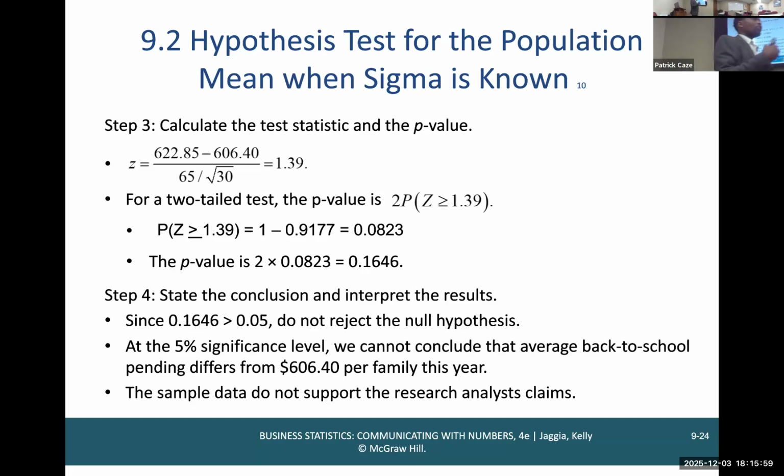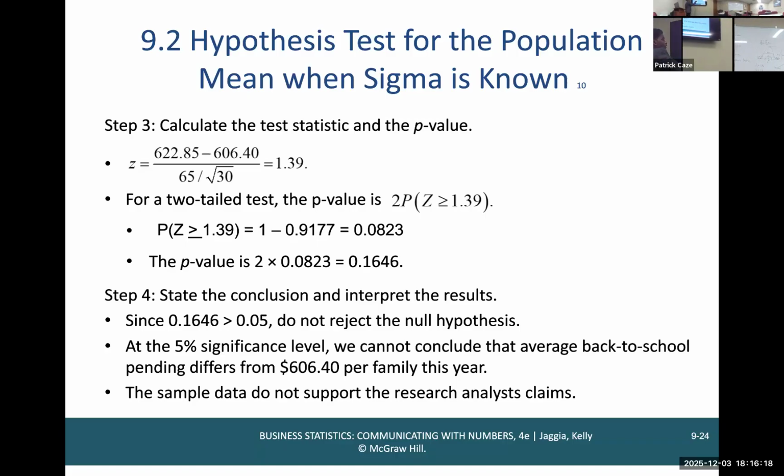It's not significant. And so basically it's saying that, hey, this is happening by chance. And so we can determine that our null hypothesis cannot be rejected, right? And so the data does not support the research claim, right?